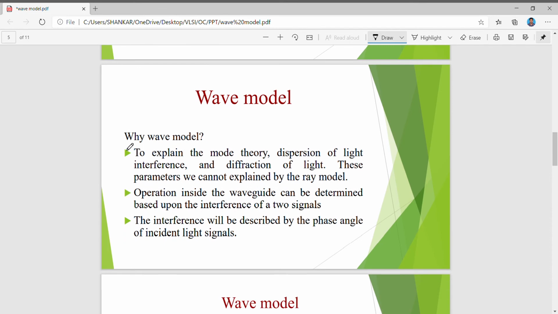Next, why the wave model? Why not the ray model?